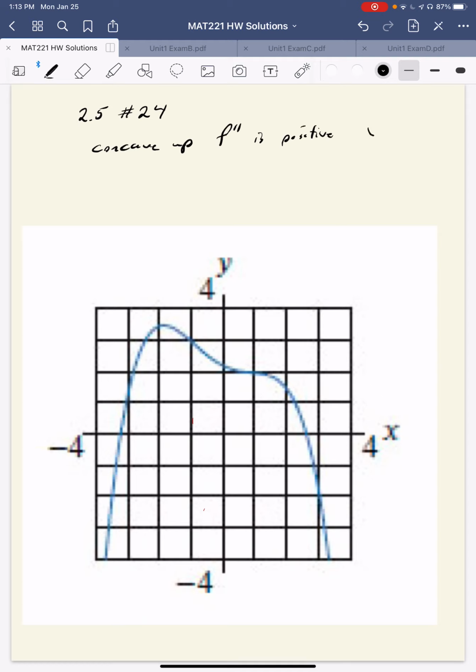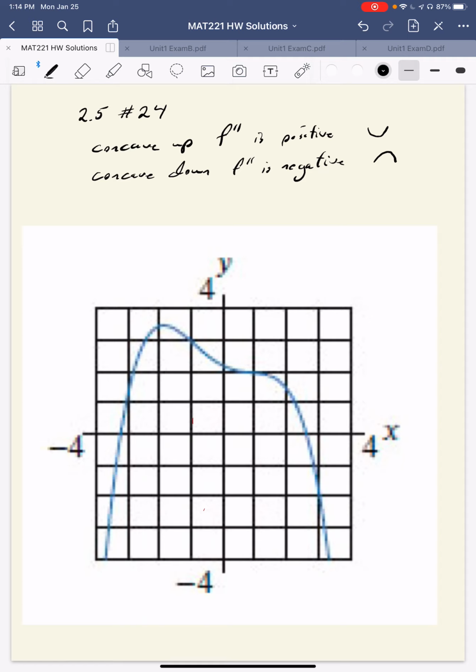So if we have this type of a shape, the second derivative is positive. If the shape of our original graph is concave down, then we know that the second derivative is negative. So if our original graph has this type of a shape to it, then we know that the second derivative is negative.